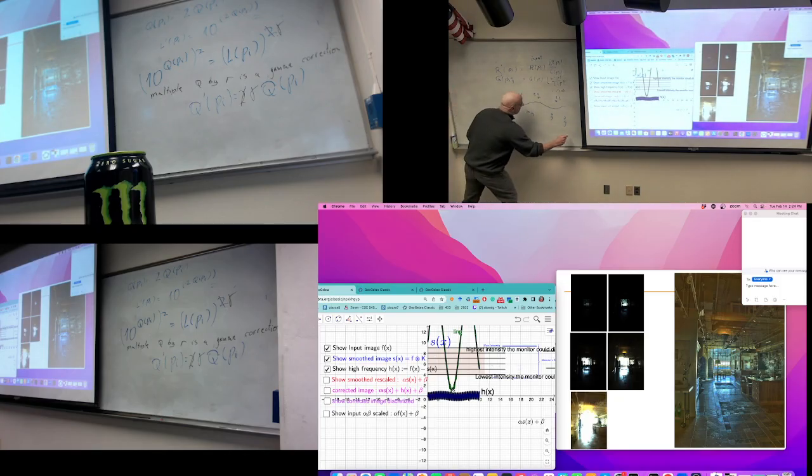This is S of H, the smooth function. H of x, the H for high, these are the high frequencies. What do I get here? I look at this point, it's 11 minus the average, copy this part, put it on the 0.